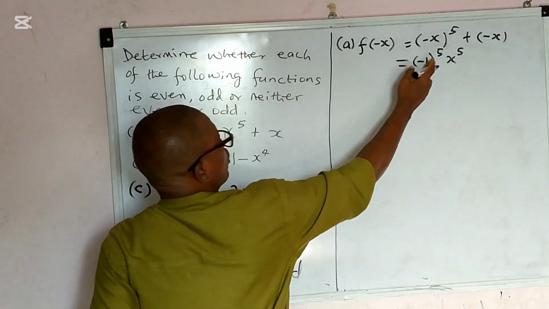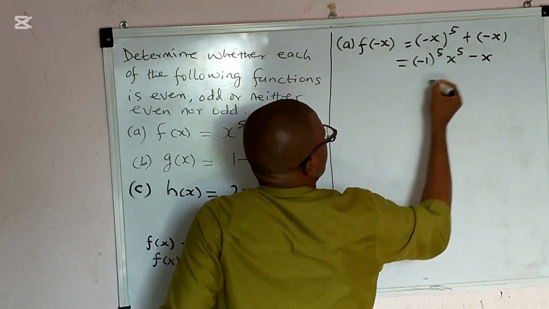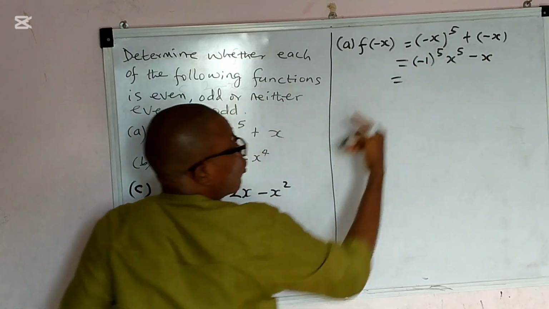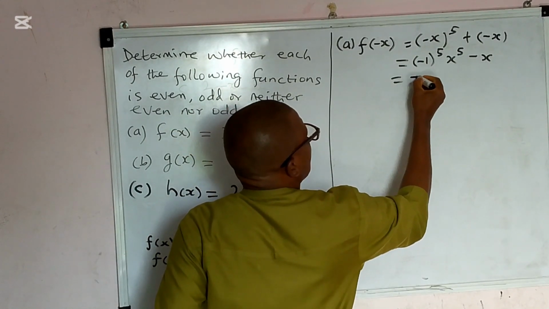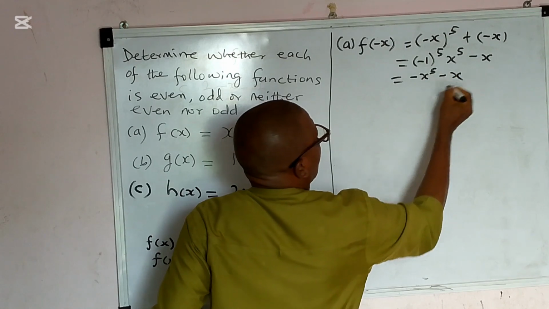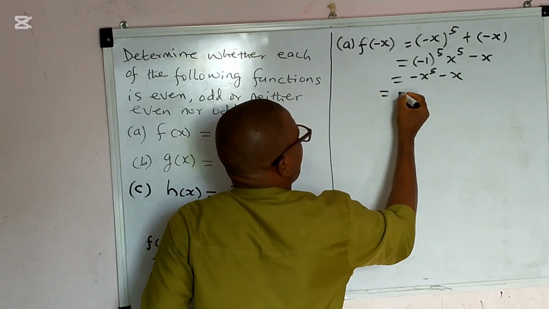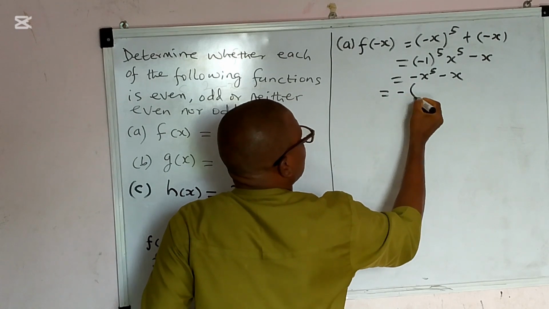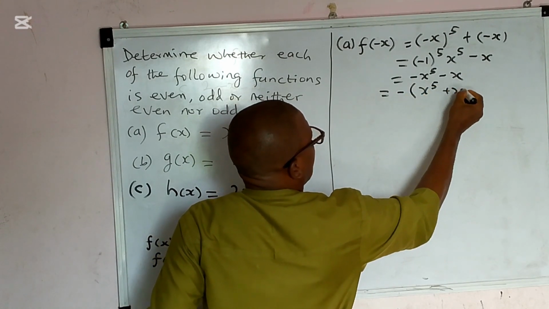Minus 1 to power 5 is still minus 1. So you have minus x to power 5 minus x. Of course, you can factor out minus 1 here, so you have minus into x to power 5 plus x.